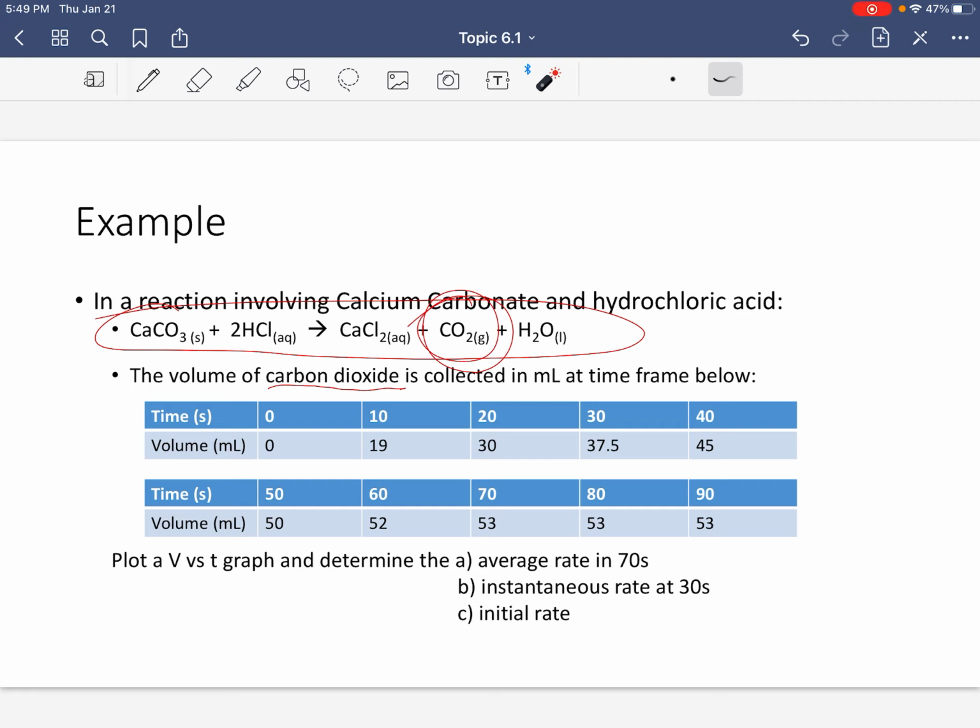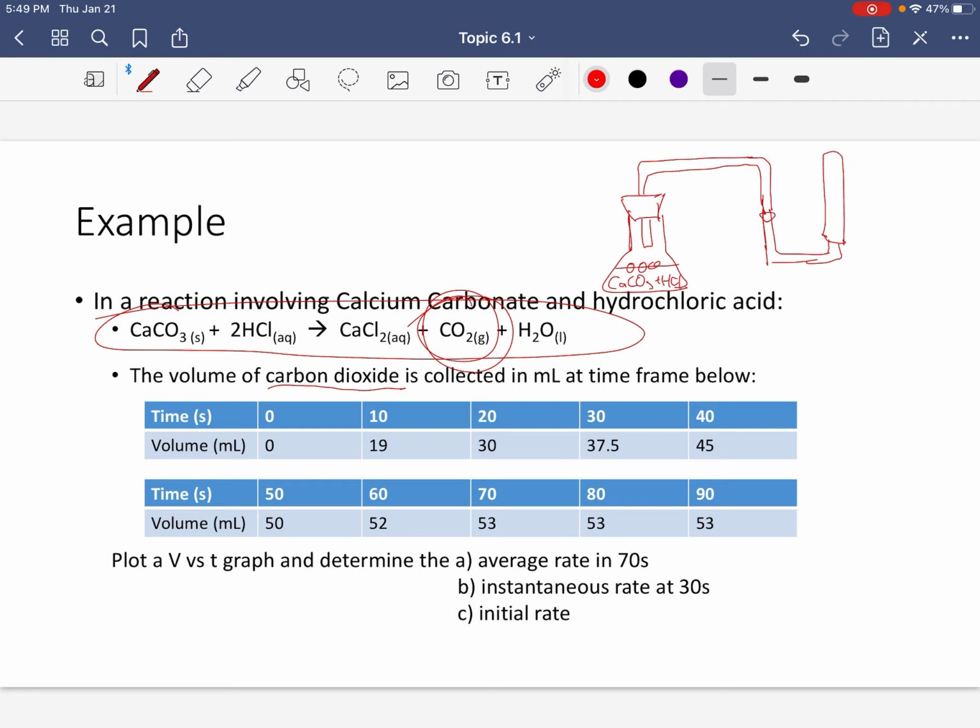Actually, let me just draw what you can do. Here's a flask, and in this flask you have calcium carbonate and HCl, and they're reacting and making bubbles. So you just have to connect this to a tube, and this tube is connected like this to a test tube that is inverted.